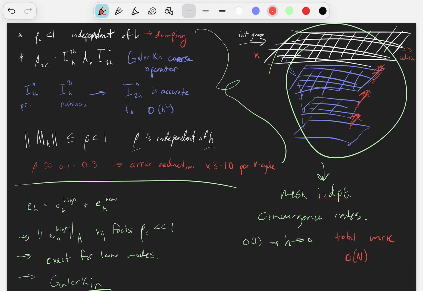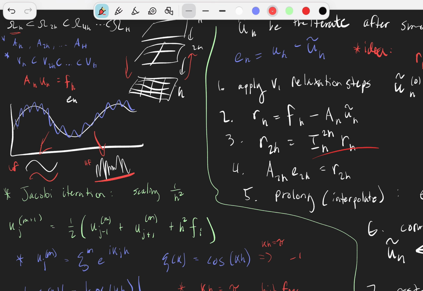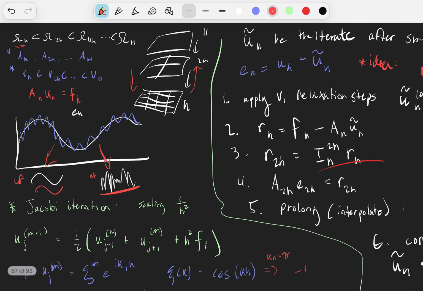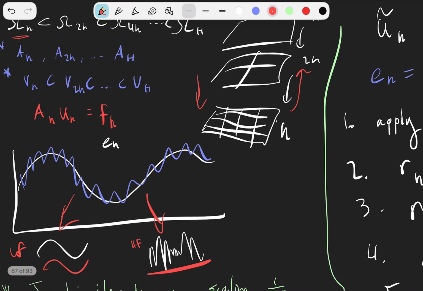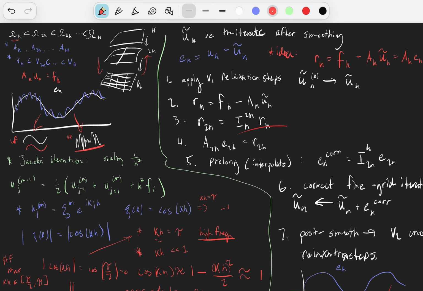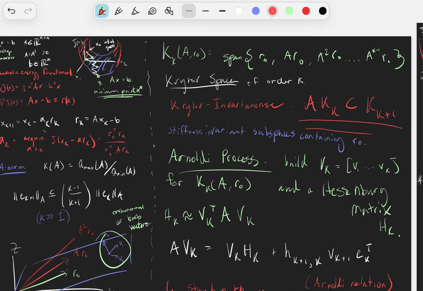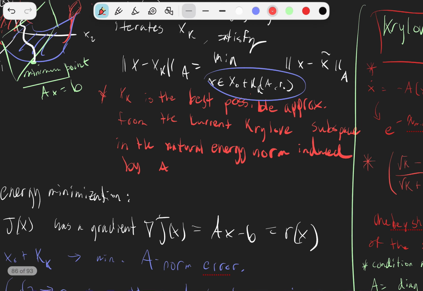Now, this unifies the energy norm, because what's happening is the multigrid is minimizing the same A norm error as the conjugate gradient. So previously, when we talked about the conjugate gradient, it is minimizing that same A norm error.